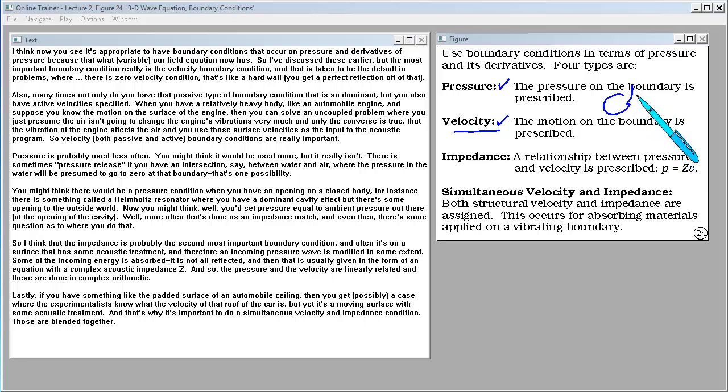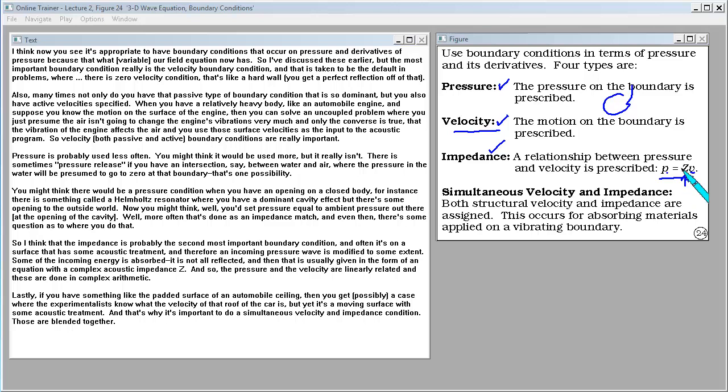So I think the impedance is probably the second most important boundary condition, and often it's on a surface that has some acoustic treatment, and therefore an incoming pressure wave is modified to some extent. Some of the energy is absorbed, it's not all reflected, and then that's usually given in the term of an equation with a complex acoustic impedance Z. And so the pressure and the velocity are linearly related, and these are done in complex arithmetic.